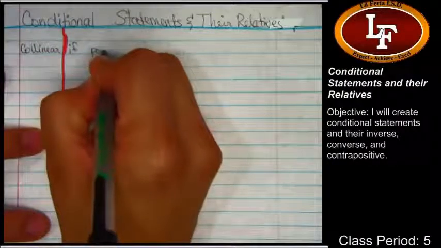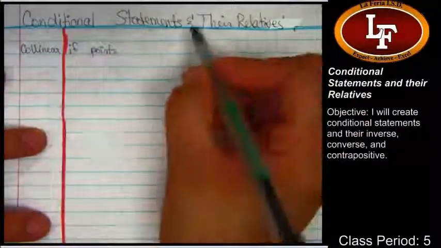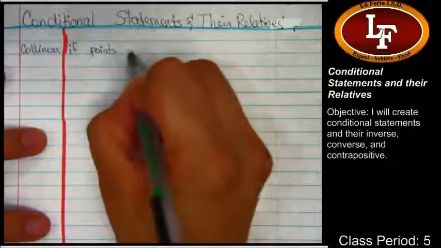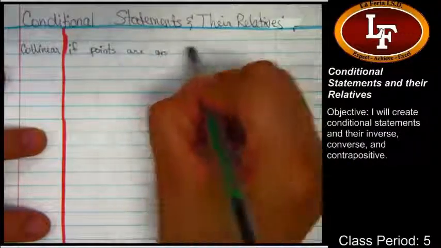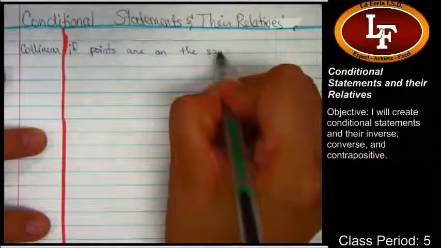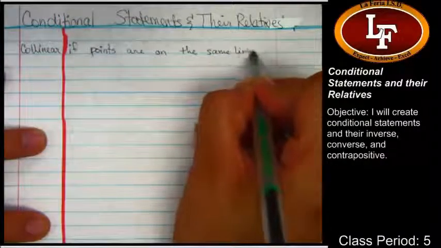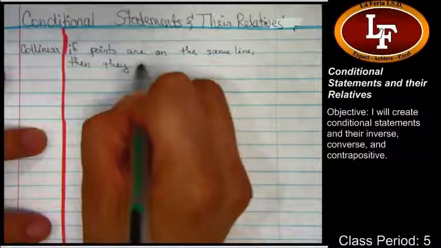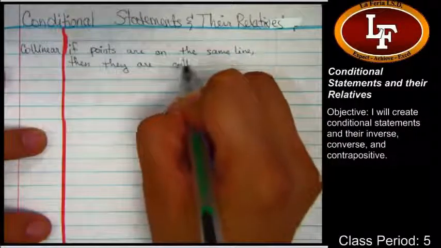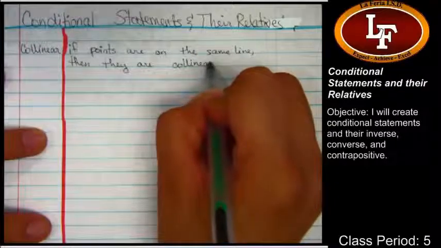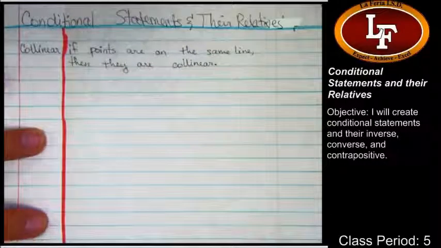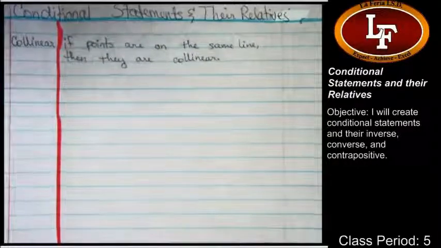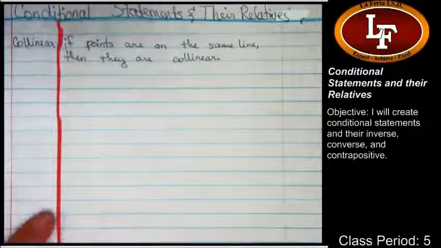If points, and notice we're not saying how many, we're just saying if points, are on the same line, then they are collinear. Okay, so there's our original conditional statement.